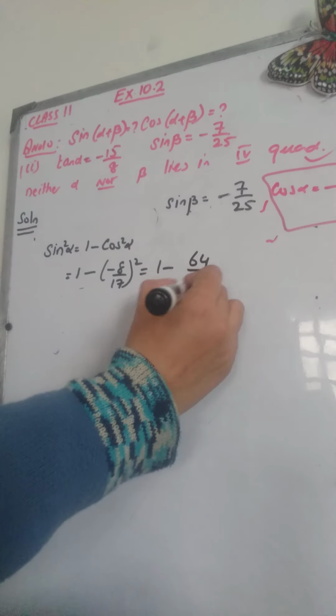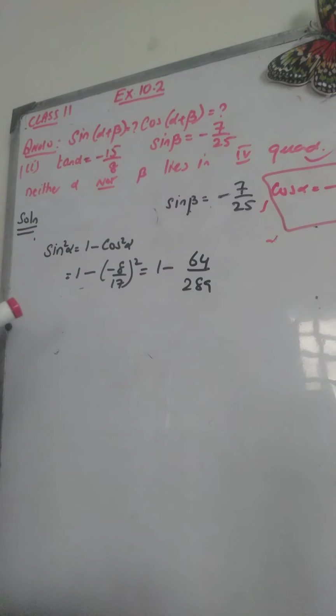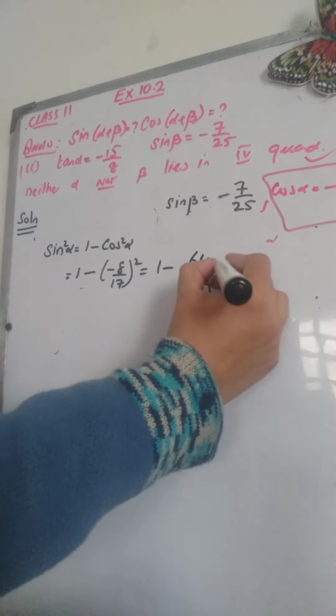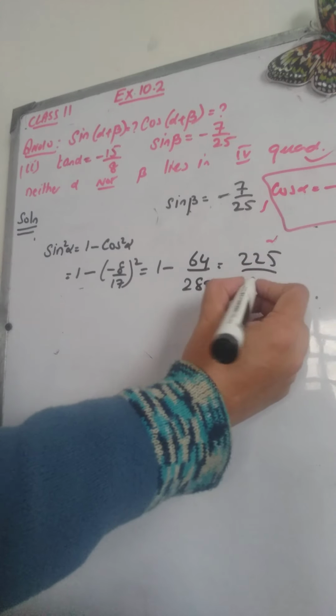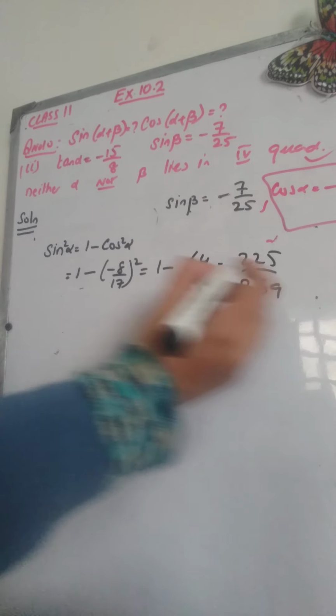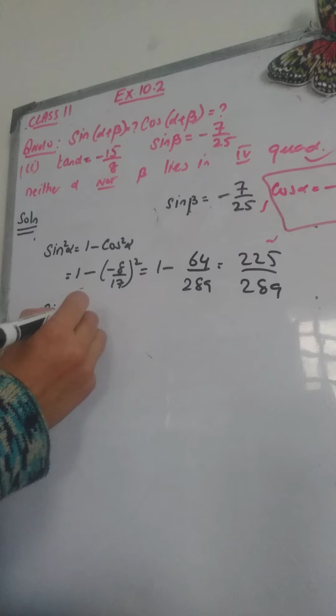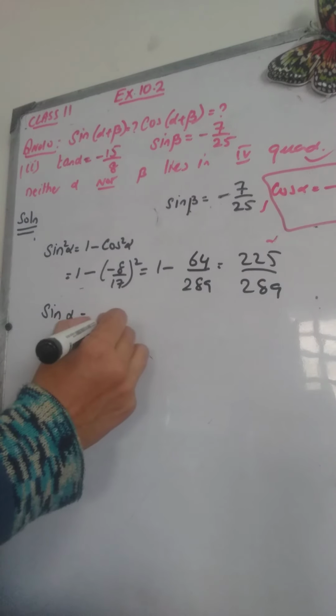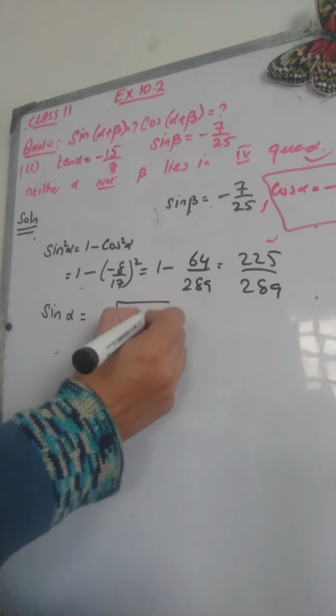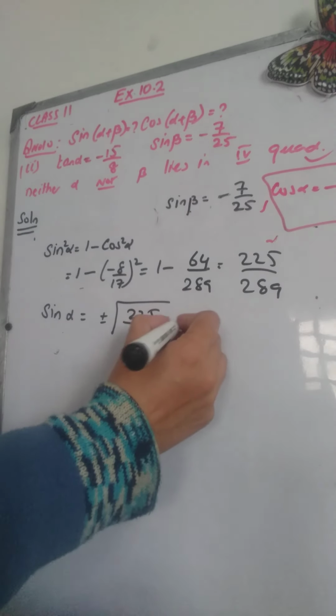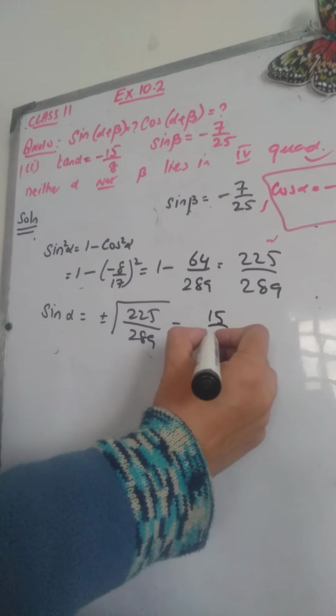Yes, it is 289. So 1 minus 64 by 289 will be 225 by 289. This is sin square alpha, and to find sin alpha we will have to take the square root of both sides. Now it will be equal to 15 over 17.